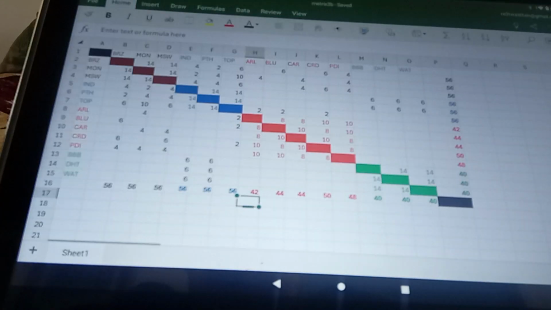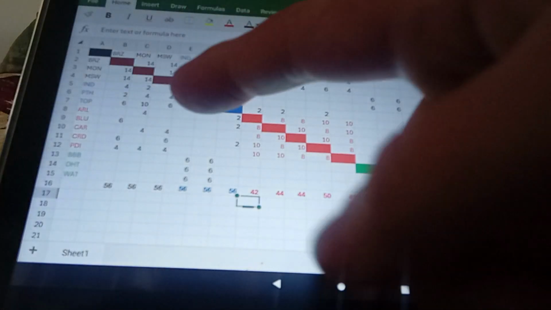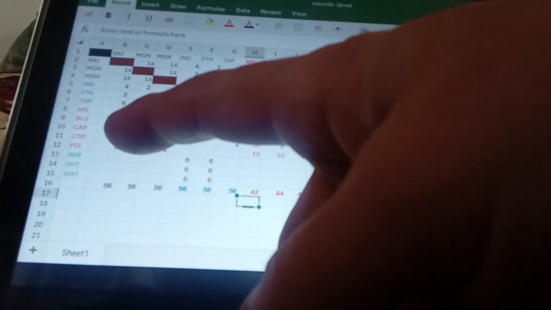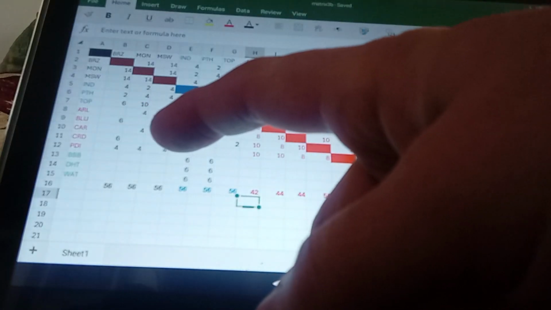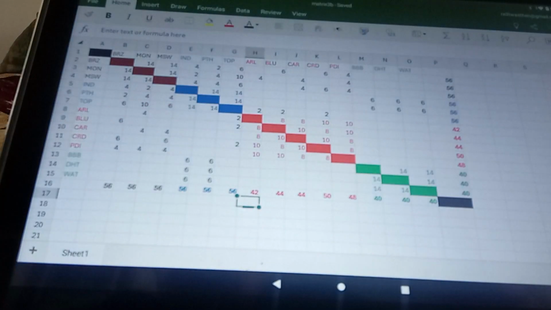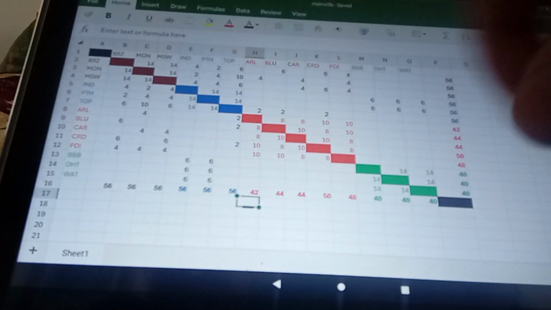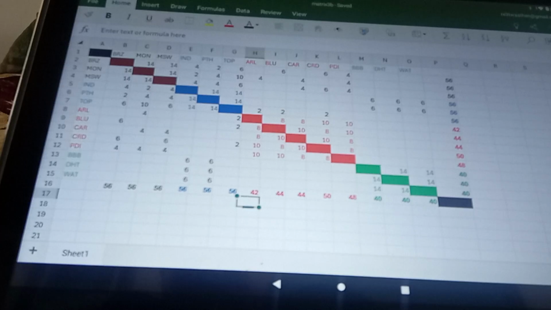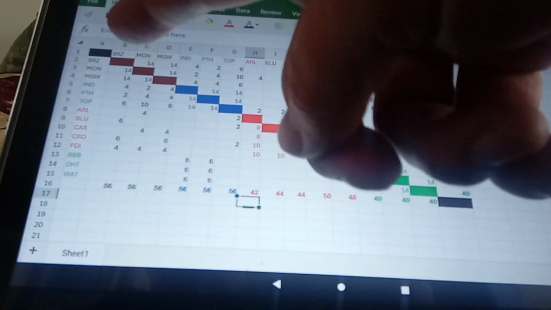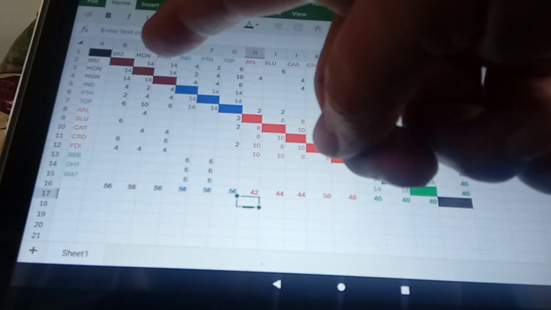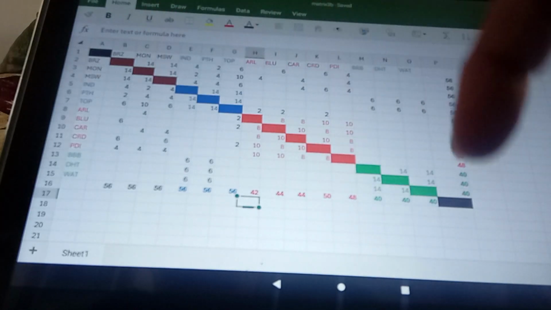So here we go to our next one. Now, we've plugged in games against Blue Ridge, against Columbus, PD, Carolina. So there we go. That kind of balances out the travel a little bit there. And now we have 56 games done for Baton Rouge, 56 games for Monroe, for Mississippi.